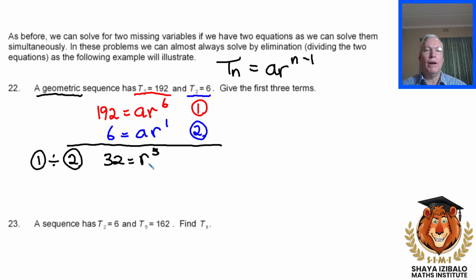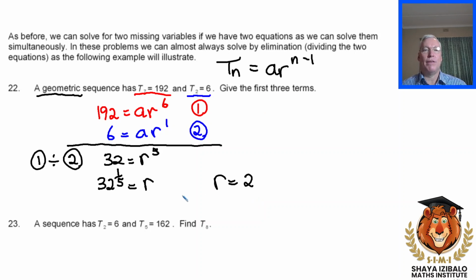Now, what power should I put onto the right-hand side to get rid of this power of 5? Okay, 1 over 5. If I do that on the right, remember the scales, I must do that on the left. Now, 32 to the 1 over 5 is actually 2. R equals 2.